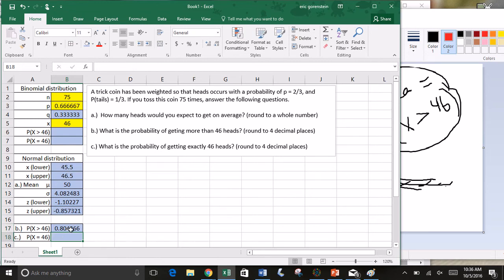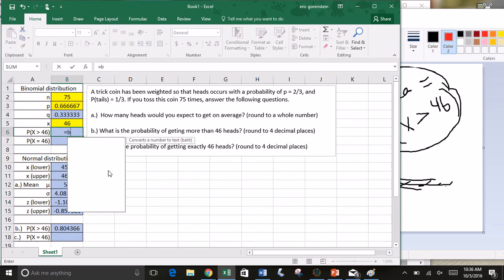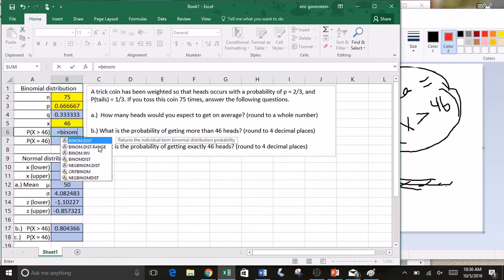Okay, so that should be the probability that x is greater than 46. We could calculate that using the binomial distribution function. So the exact value built into Excel would be binom.dist. And now Excel is asking me for number of successes. So that's the x value.